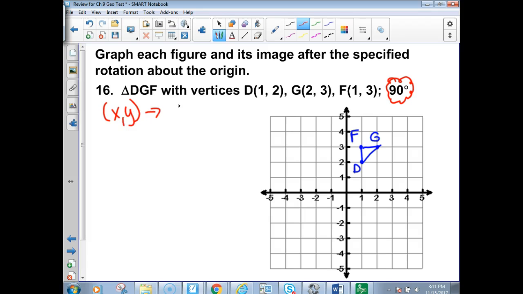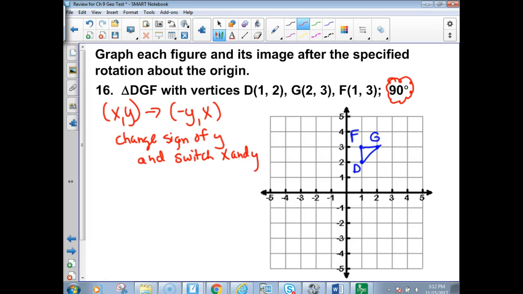It says take your points X and Y and do -Y, X, doesn't it? Okay, which means you're going to change the sign of Y and switch X and Y. All right, so D prime will be at -2, 1. G prime should go to -3, 2.